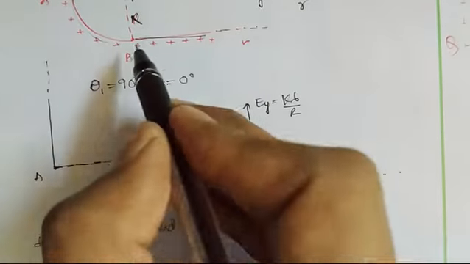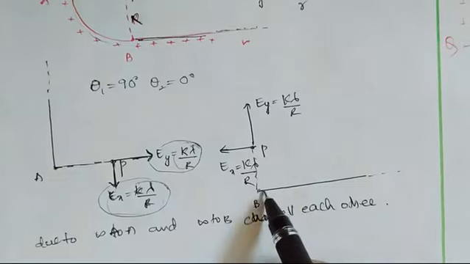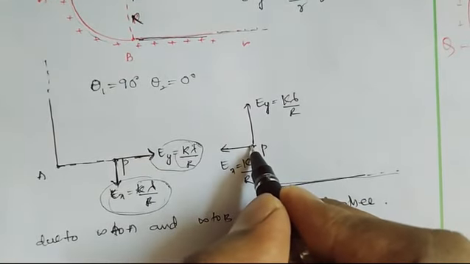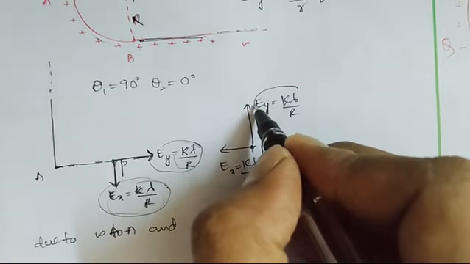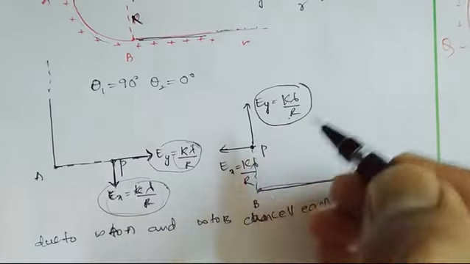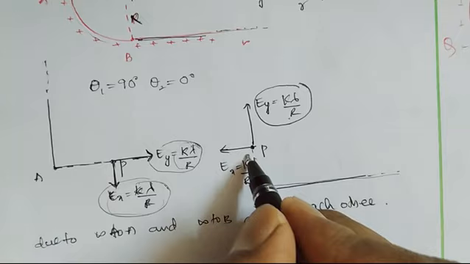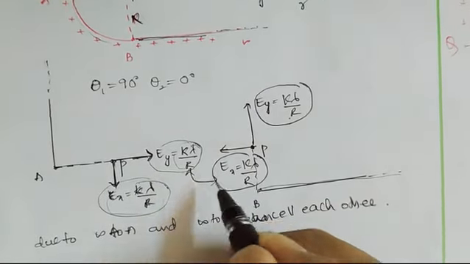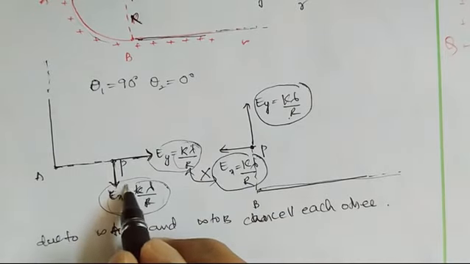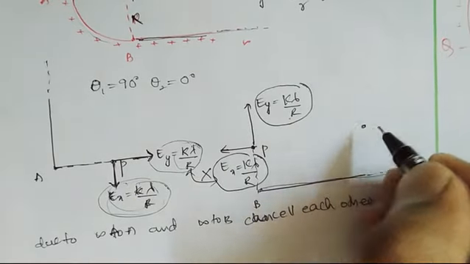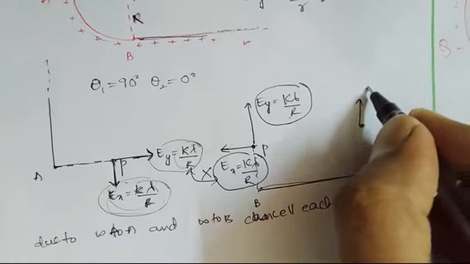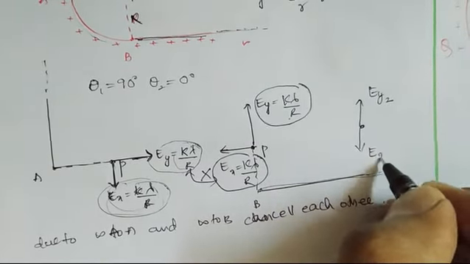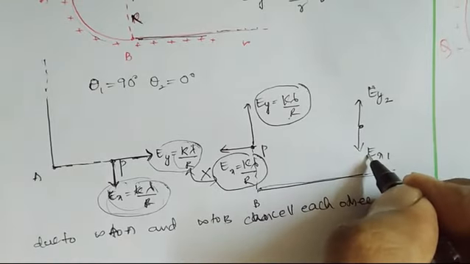Now if I consider this other wire, this is also a semi-infinite wire. At the same point P, again we will have two electric fields, one along the y-axis and another along the x-axis. Now these two electric fields cancel each other: Ey due to the second wire and Ex due to the first wire, both will get cancelled.